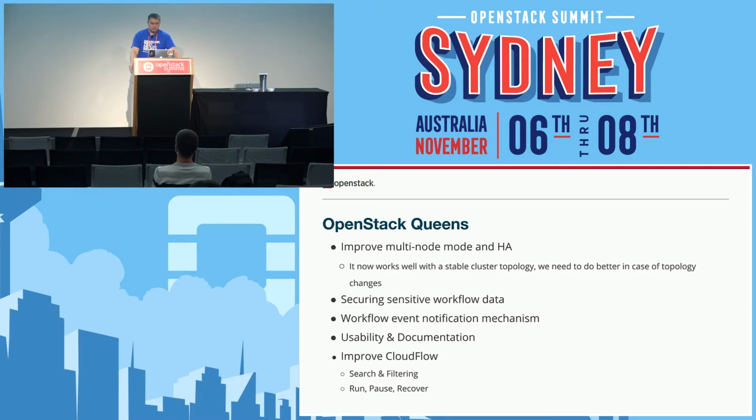As far as what we're planning to do in Queens, we keep improving multi-node mode and HA. I intentionally call it multi-node mode because sometimes people understand those terms differently: HA, scalability, and fault tolerance.